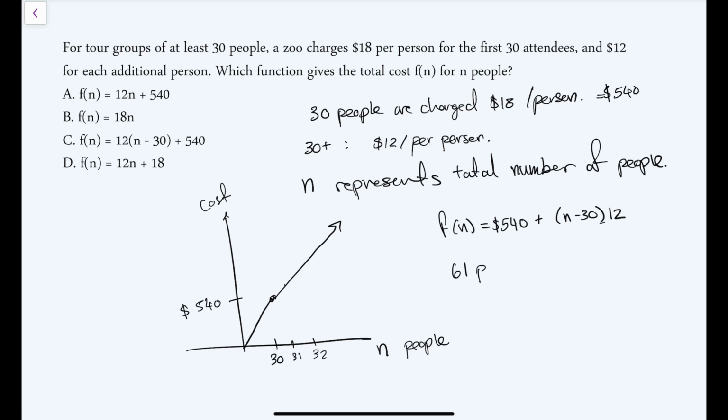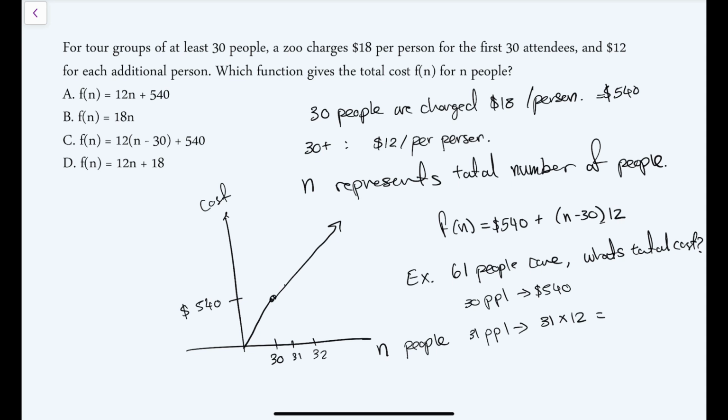If we say 61 people came, what's the total cost? Okay, well, we know the first 30 people mean $540. Then the remaining 31 people, well, how much is that? Well, they're going to be 31 times $12 per person, right? So $372.